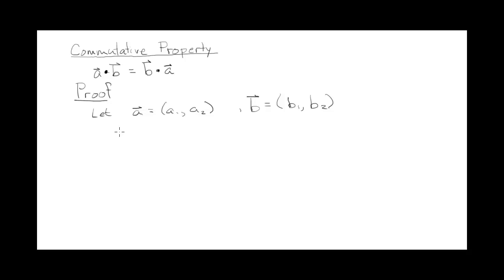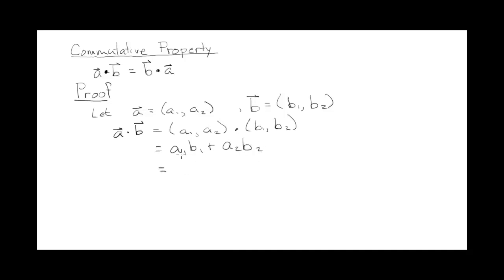It should generalize to higher dimensions. But A dot B, remember, is equal to, so it'll be A1, A2 dot B1, B2. So you multiply the x values, so A1, B1, plus A2, B2.